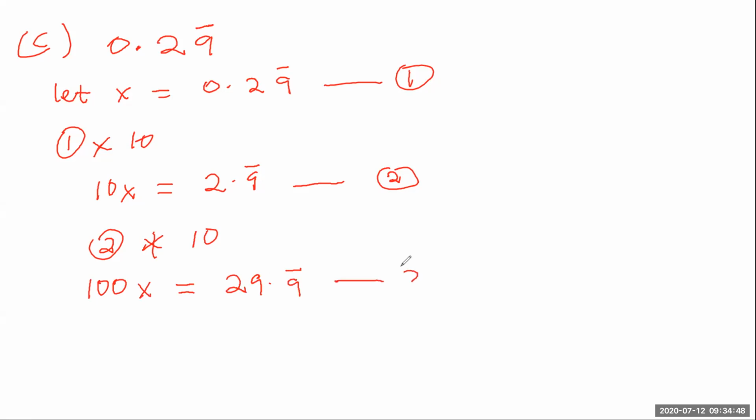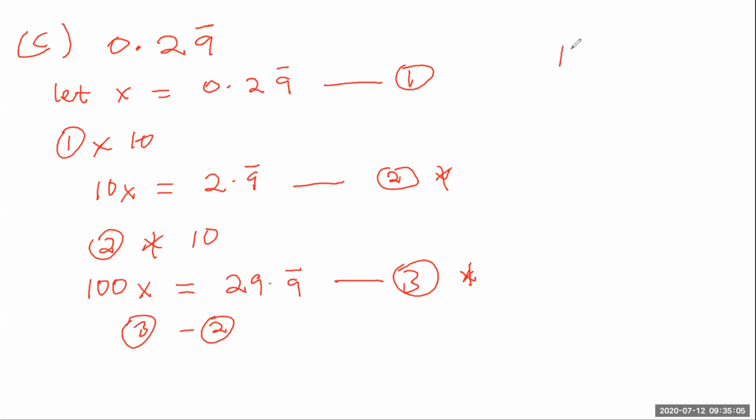Now we have 3 equations. Now we can deal with these 2 equations just like we did for A and B. So now we do 3 minus 2. Let me go here and do the subtraction.